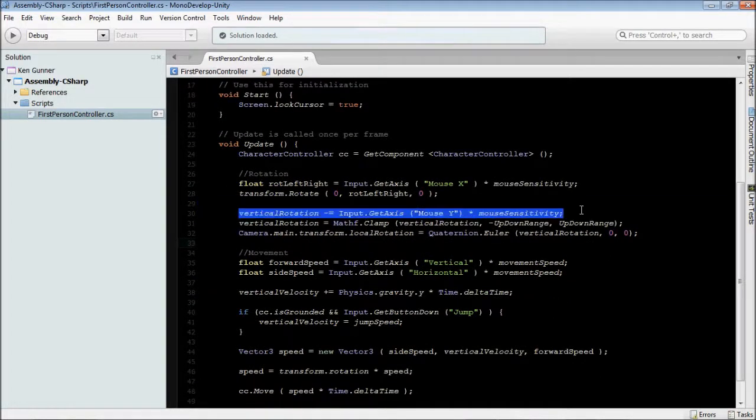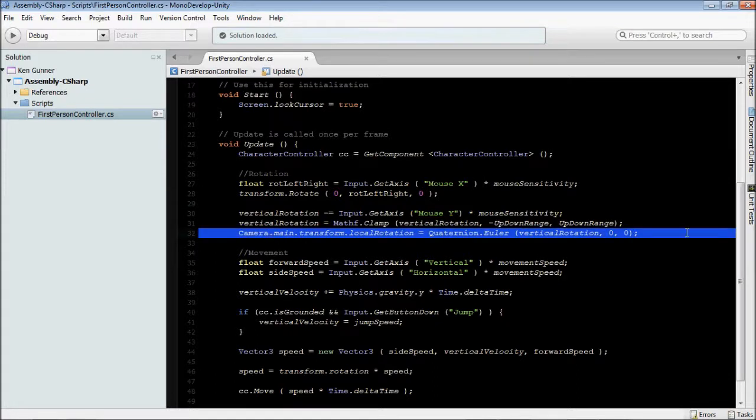Same thing with vertical axes, except with the vertical rotation, which is up down, along the Y, I have clamped it so that when you're looking at 0, you can't go above 60 or below minus 60, if that makes sense. Like, you can't look straight up or straight down. You can only go up 60 or down to minus 60 degrees. And that actually implements that.